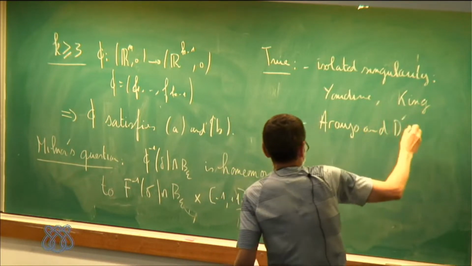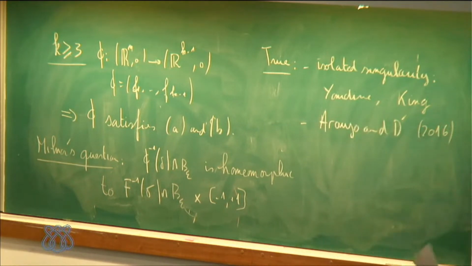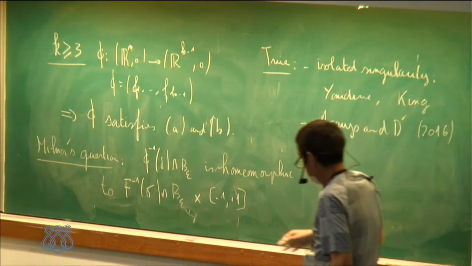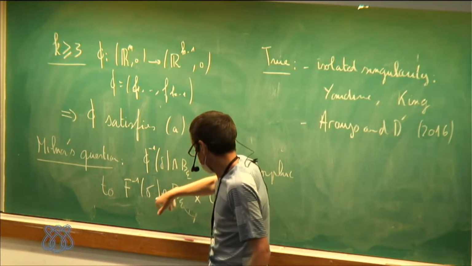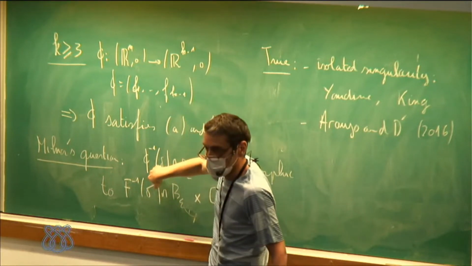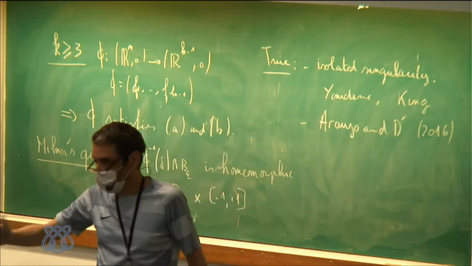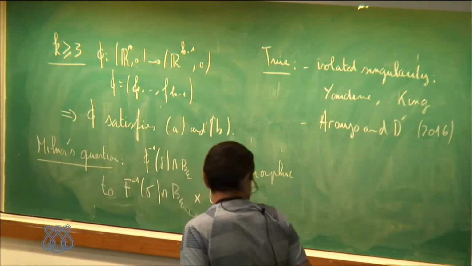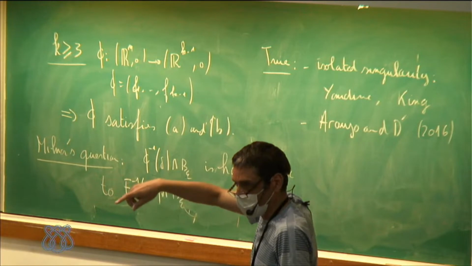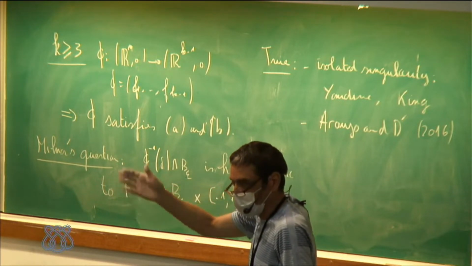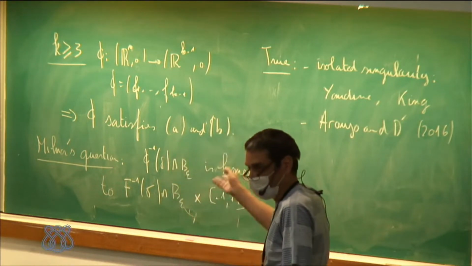And I think it was published in 2016. So the idea: you take this Milnor fiber, and you study the critical points of the last component on this Milnor fiber. It has no critical point in the interior because of condition A, but then some critical points can appear on the boundary. And you have to study these critical points and prove that they don't interfere in the topology.